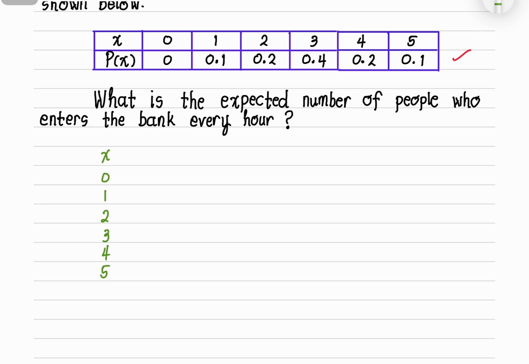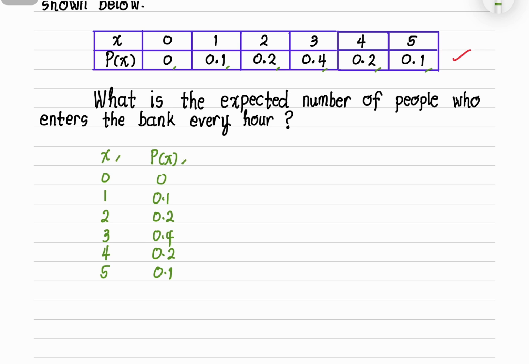And then, with its corresponding probabilities, or the p of x, sa una, we have 0. Okay, and then the second one, we have 0.1. And then 0.2, 0.4, 0.2 also, and 0.1.